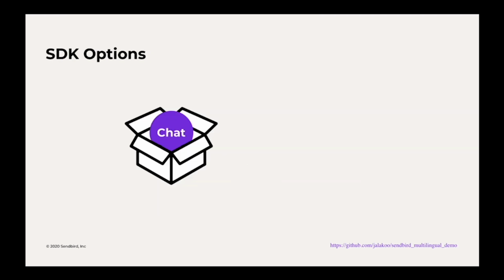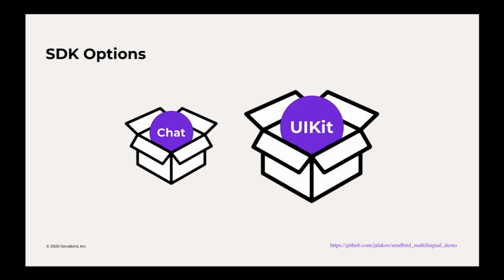The SDK options available to you: we've got the initial chat SDK that we built, which is very feature rich. This will power any sort of UI that you have on your own or will plan to build on your own. Of course, if you don't want to build your own UI, we have another SDK called UIKit, which has a lot of the chat features with the entire UI, the basic UI views available to you.